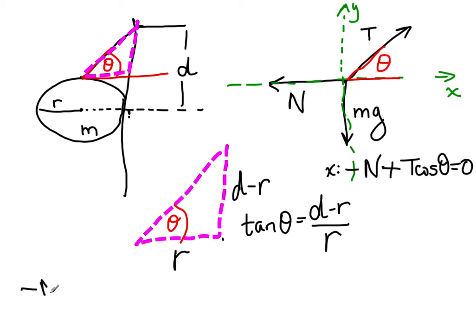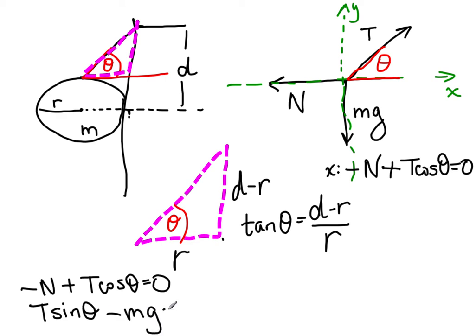Minus n plus t cosine theta equals 0. Now for the y equation, we have the vertical component of t, that's t sine theta, and we have mg pointing downward, so that's negative. And it's also equal to 0 because it's not moving.